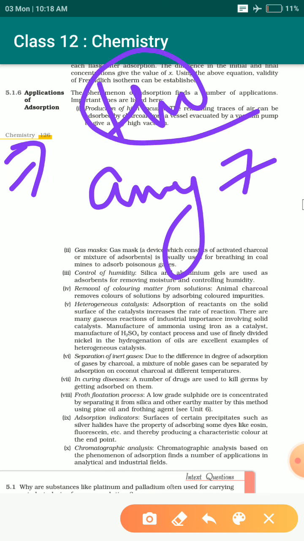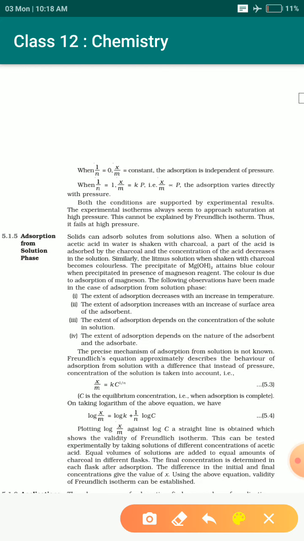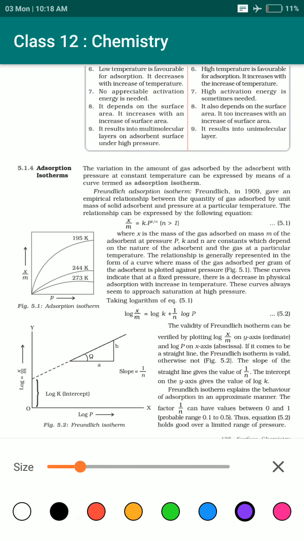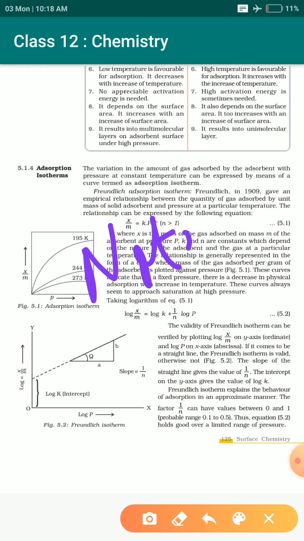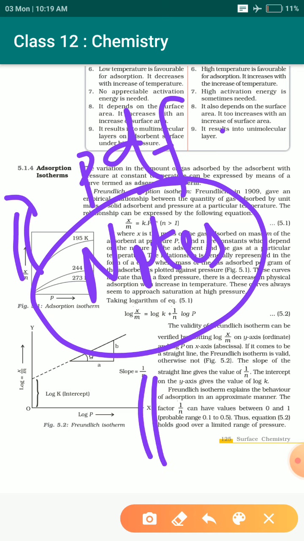Also the adsorption isotherm and adsorption from solution phase topics are homework. I have given the notes as a PDF as usual. Write these notes, and after that write the continuation of whatever I have told as homework.